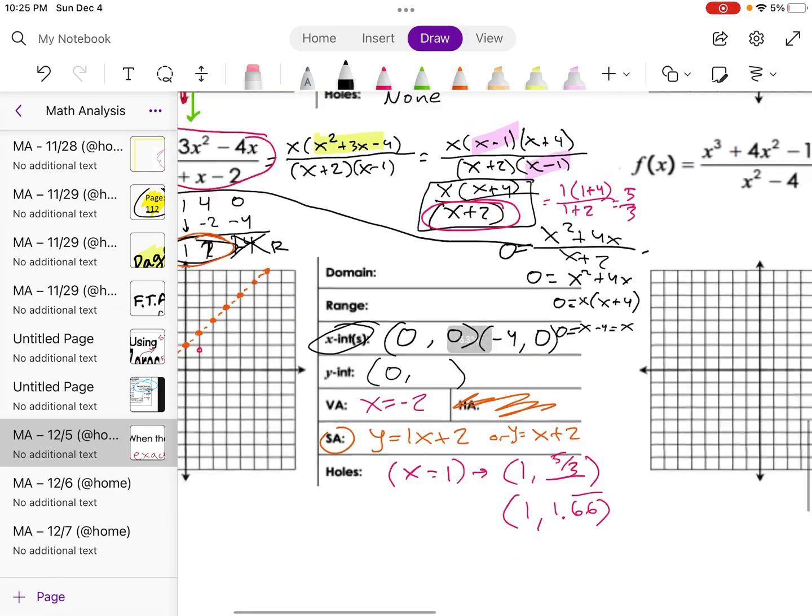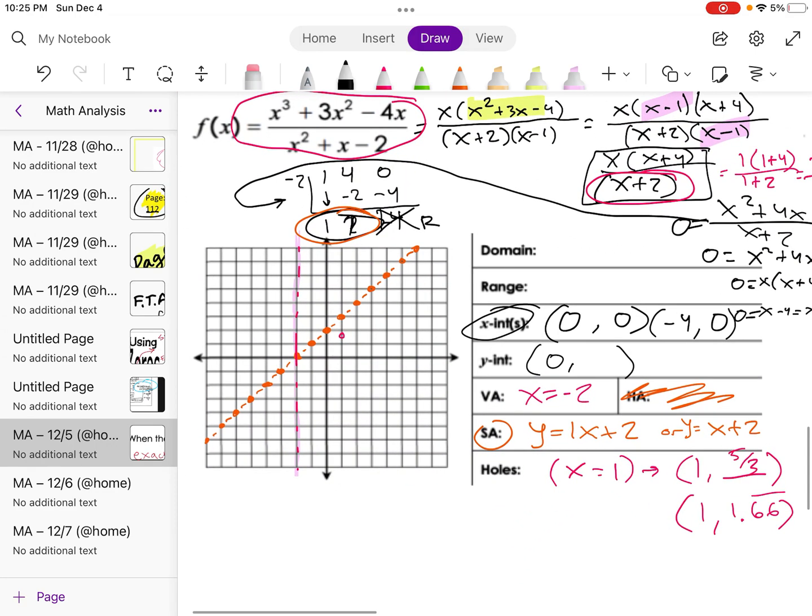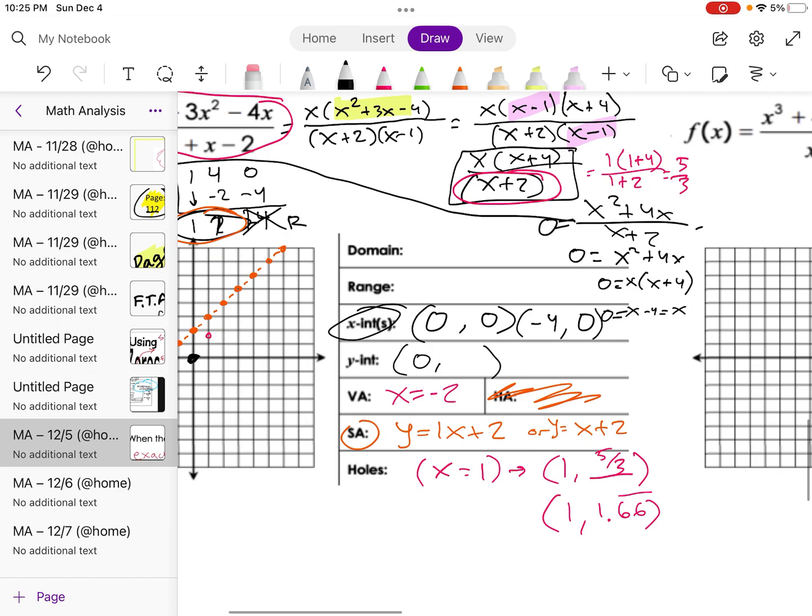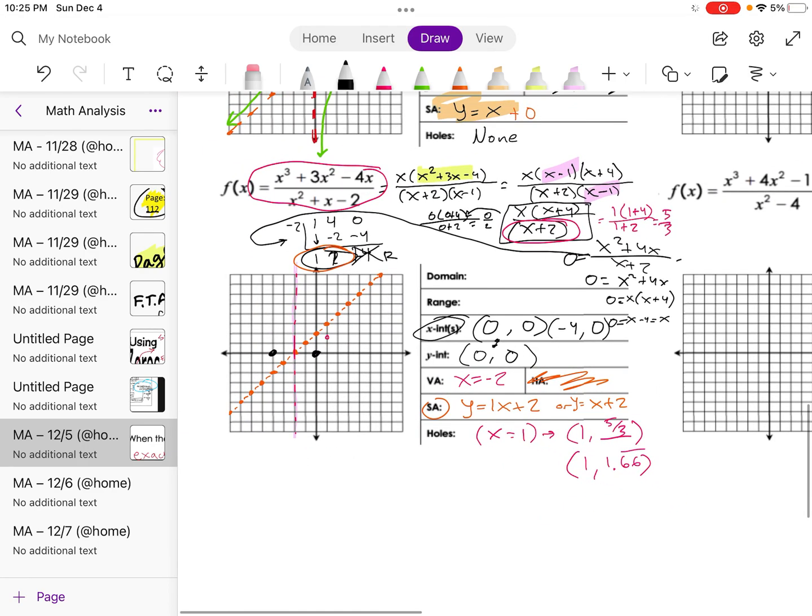I solved for the x-intercept, so that I plugged in 0 for y, excuse me, and we got (0, 0) and (-4, 0). So we got a dot right there, and one right here. The y-intercept is if we put in 0 for x. So, like on this one, it would be 0 times 0 plus 4 over 0 plus 2. It wouldn't matter because it would be 0 over 2, which is just 0. I also see that they both have a point at (0, 0). So that's how I know that.